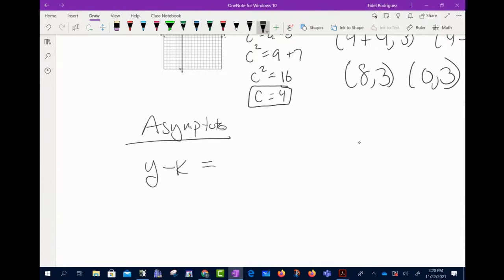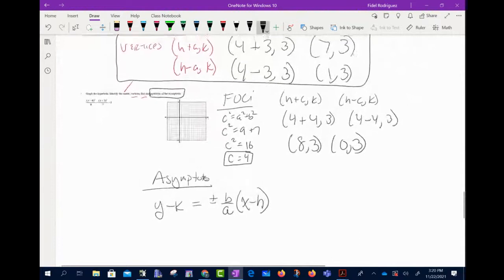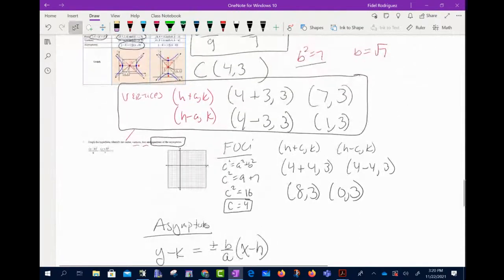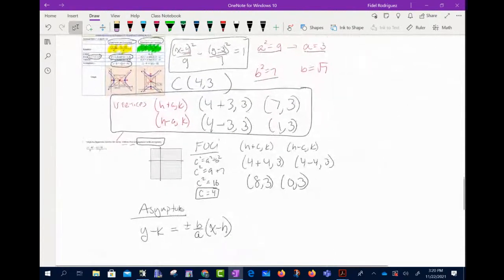Remember, y'all, here is my h, here's my k. From the center, it's 4 and 3.